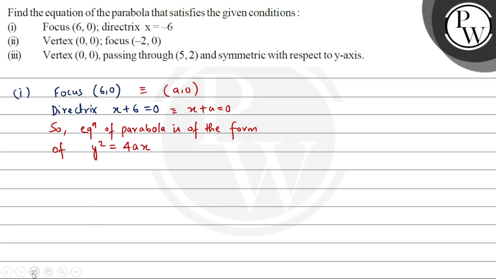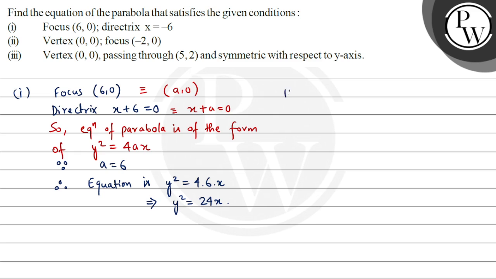Now we can clearly observe the value of a: since a equals 6, the equation is y square equals 4 into 6 into x, and that would be y square equals 24x. So this is the solution for the first part.